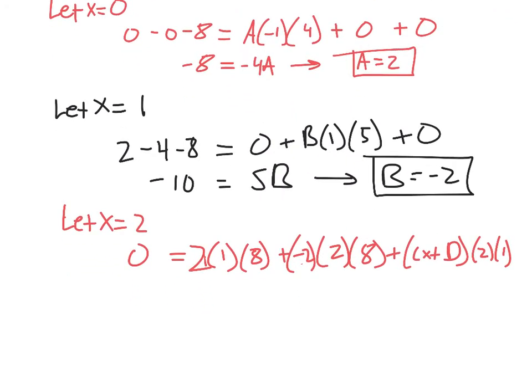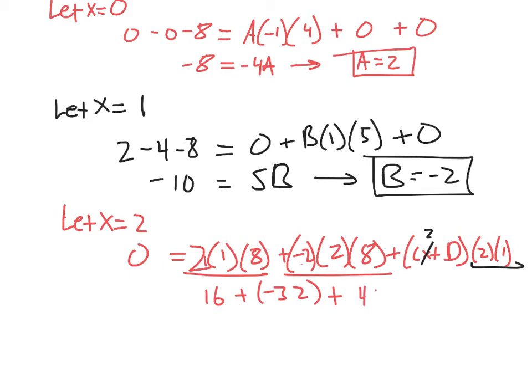All right, what do we end up with here? We've got 16 plus negative 32 plus... now I just realized we actually know what this x here is. This x is 2, right? So let's distribute this 2, and so we have 2 times 2c.